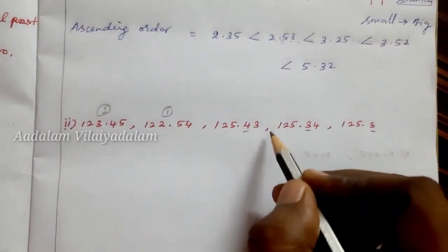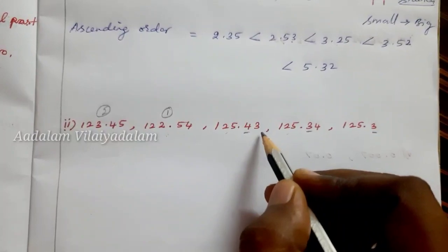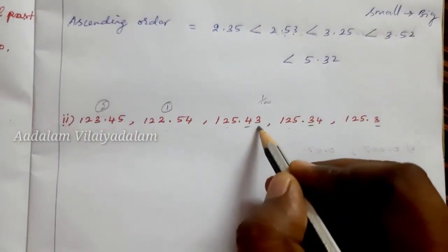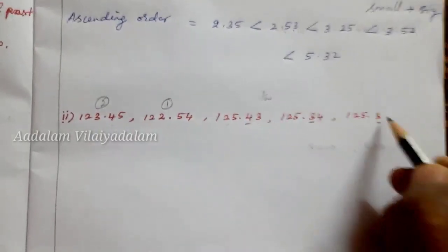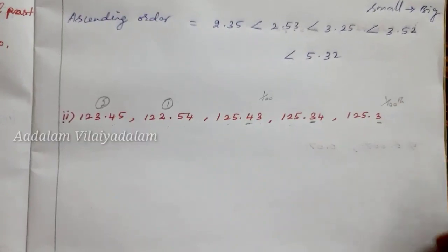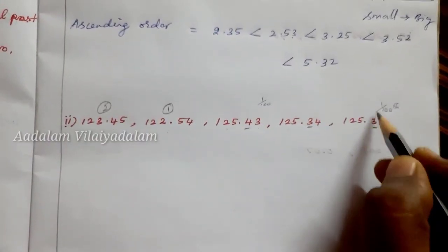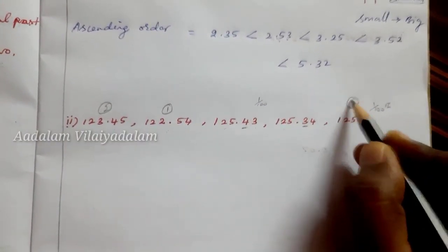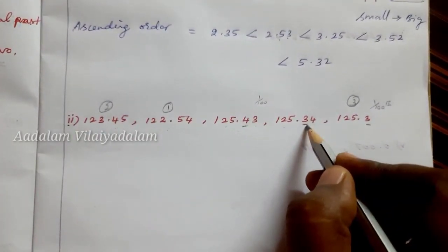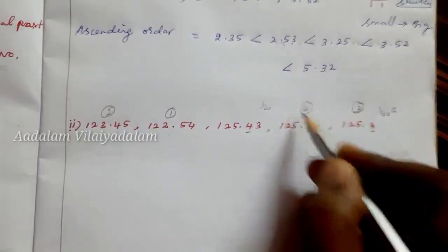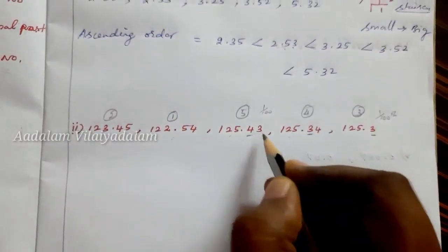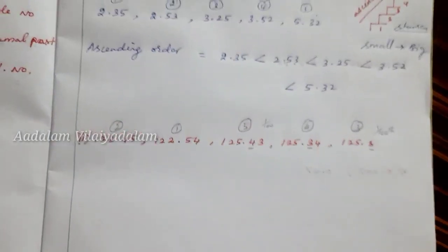But in the second decimal place, which means the 1 by 100th place, here there is a 3, here 4. But here there is no 1 by 100th place. So therefore this number will be considered as the third. Comparing these two, 3 is the smallest one. So this will be regarded as the fourth. And finally this 125.43 will be treated as the fifth one.